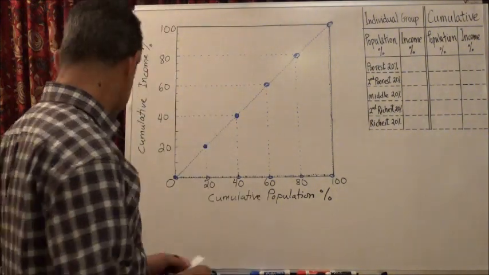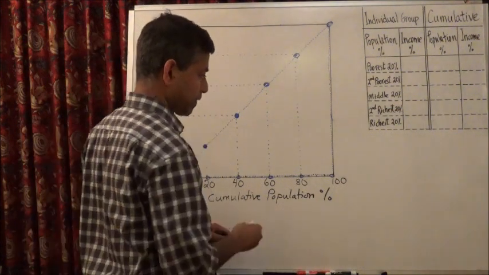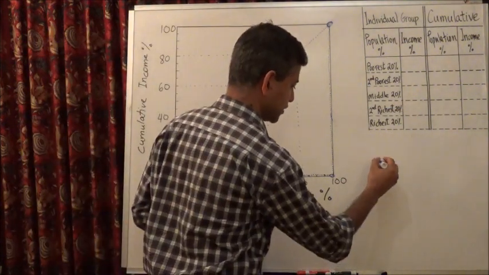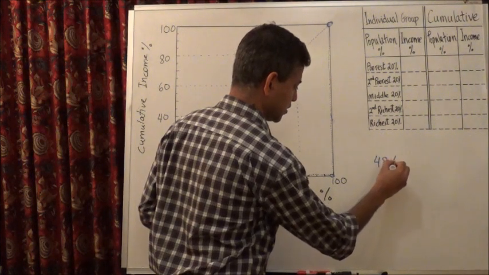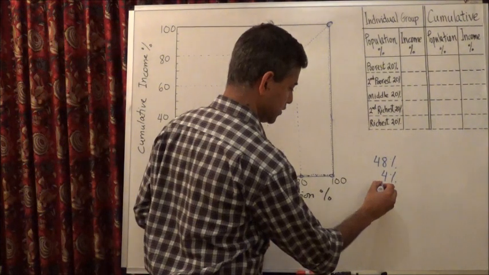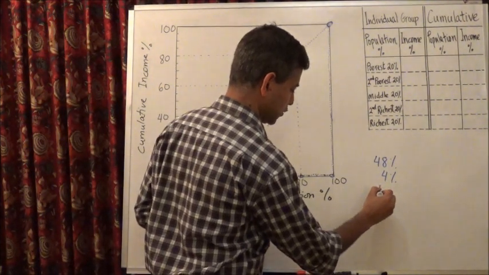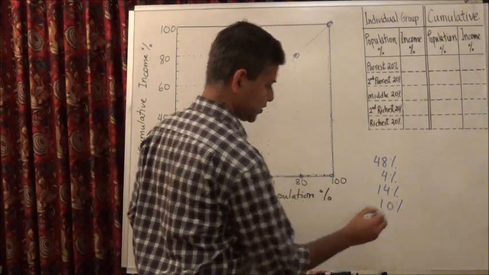So let me write these down. These are the income shares that we had: 48%, 4%, 14%, and 10%.